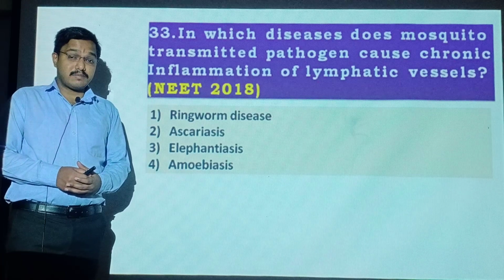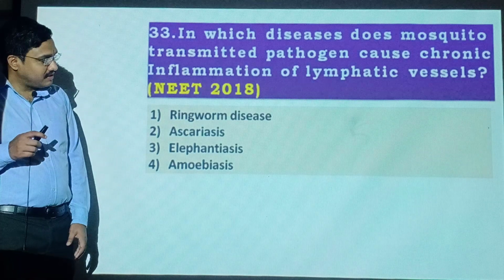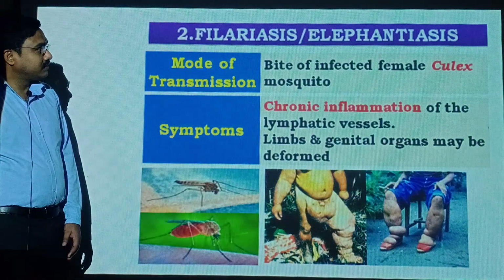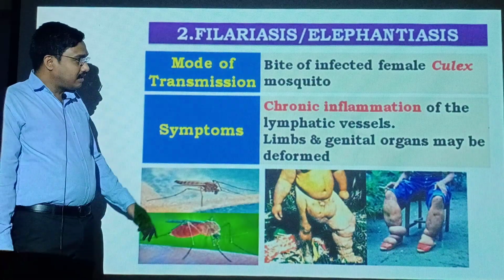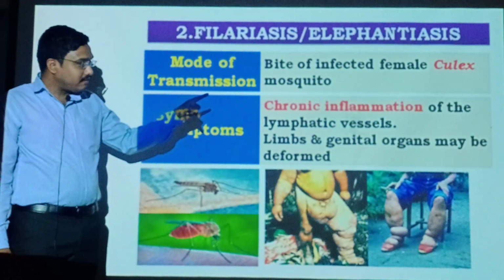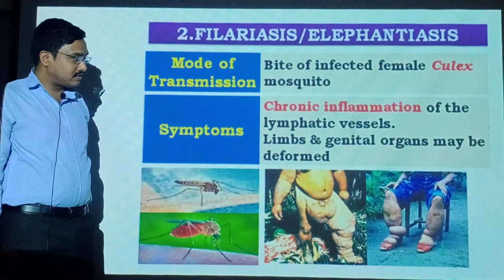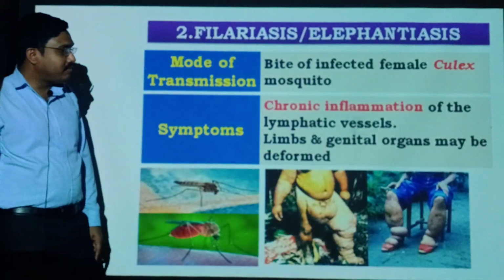Chronic inflammation of the lymphatic vessels is the symptom of, see this slide, that is a symptom of filariasis. In the filariasis, if you see the symptoms, chronic inflammation of lymphatic vessels, and limbs and genital organs may be deformed.